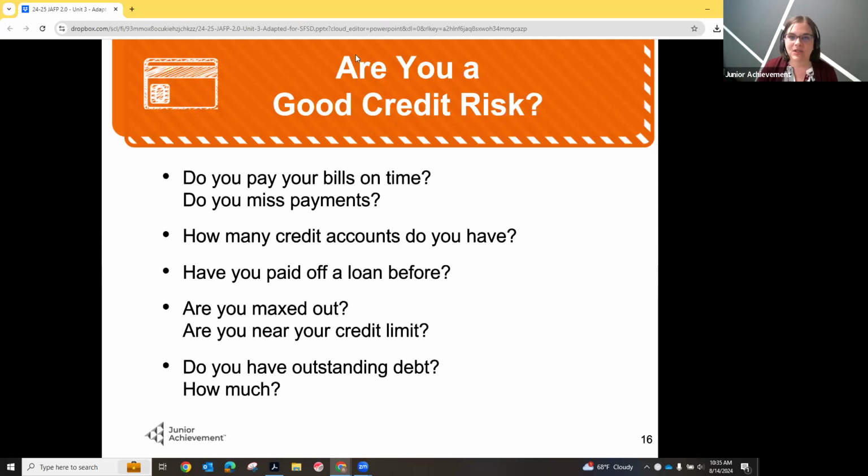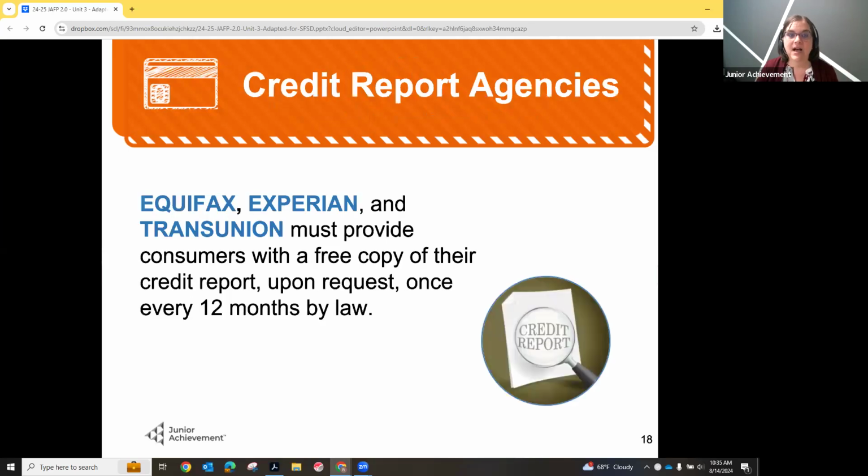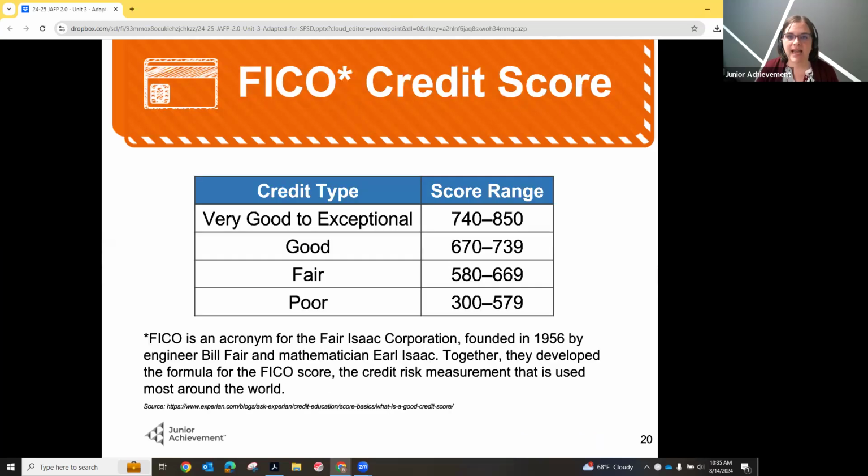So again, you can talk a little bit about how do they manage that, what affects your credit negatively. You can talk about the three reporting agencies and how they can utilize those, how their scores are broken down.